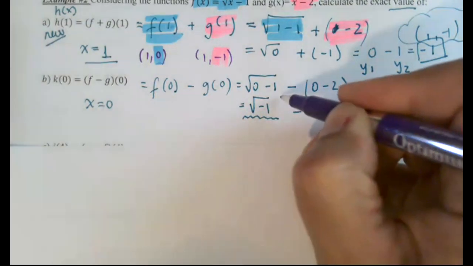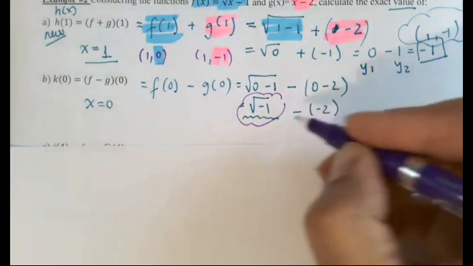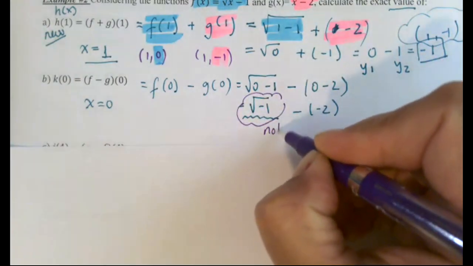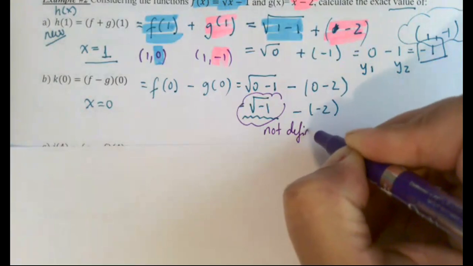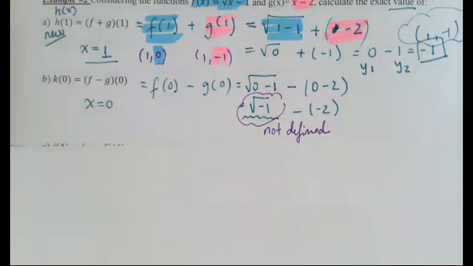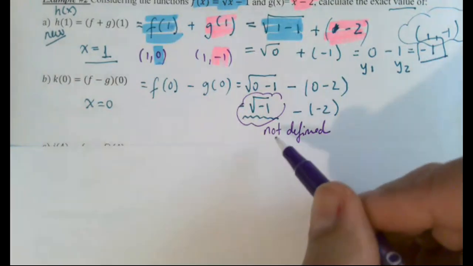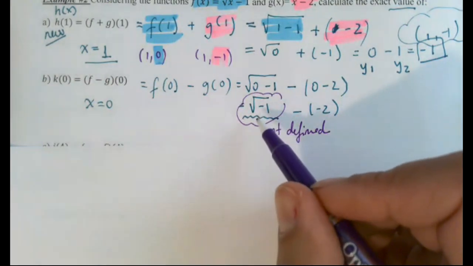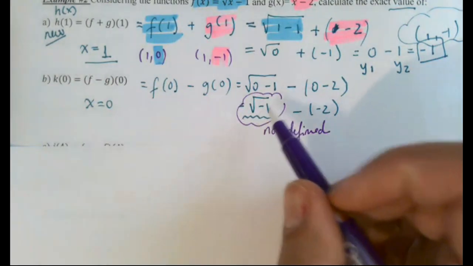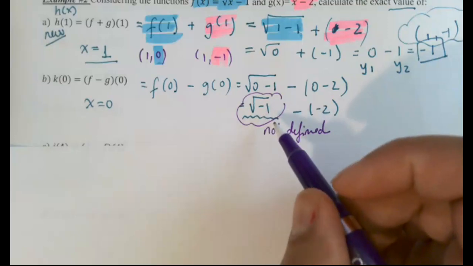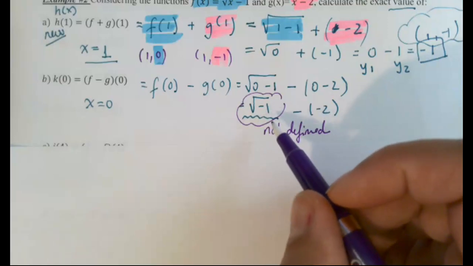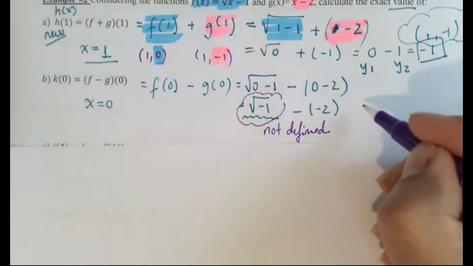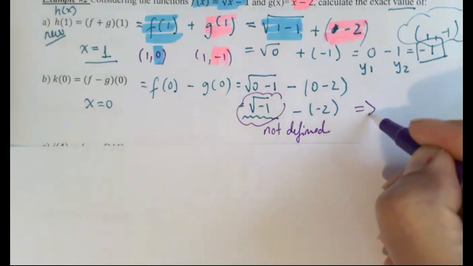And I run into a problem. Not defined. Okay, it does not exist, whatever you want to name it. Not defined, does not exist, because we cannot calculate square roots of negative numbers, right? So when you have a situation like that, there's no corresponding value for this function.